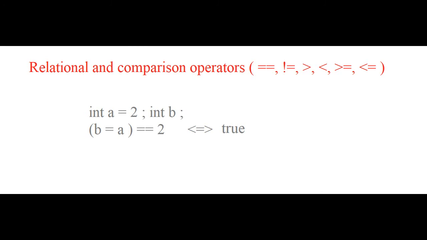Relational and comparison operators. So you can see it's equal, different than, greater, lower, greater or equal, lower or equal. So in the case of integer a is equal to 2, integer b, we have, so we read from right to left, 2 is equal to b equals a.